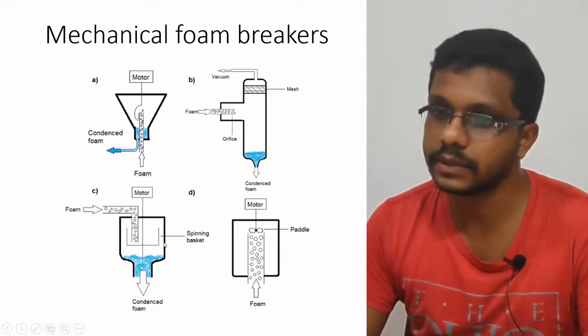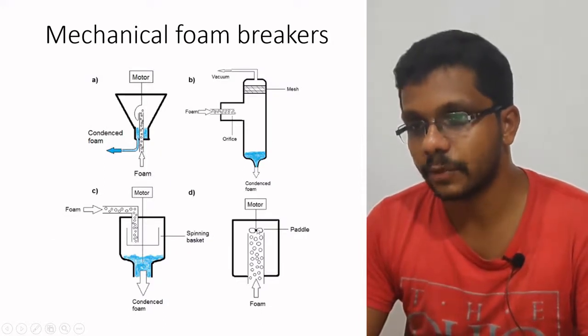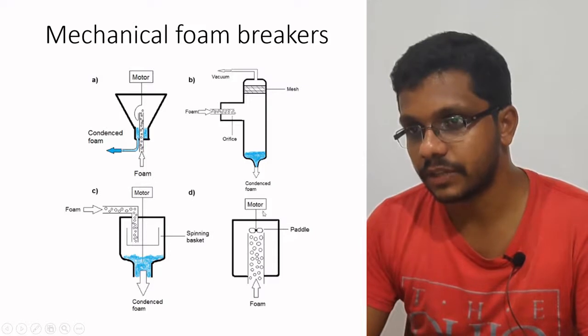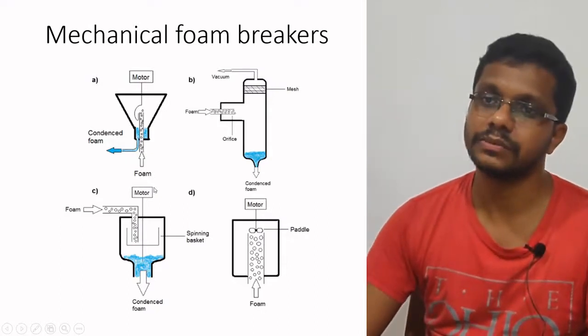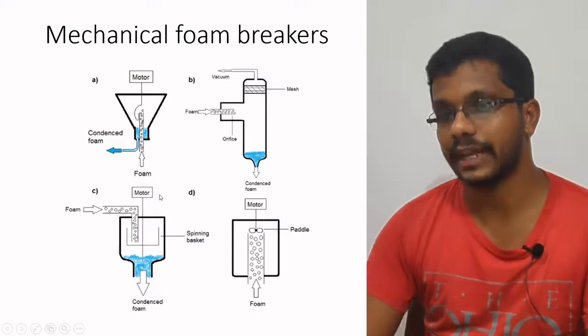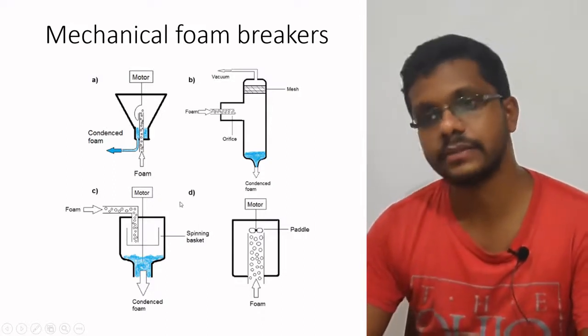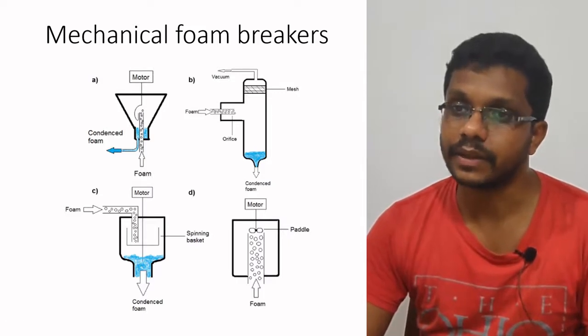We will put this back in the fermenter. Here we have a motor. The foam is coming through this big tube. At the end of the tube, we have a motor and a shaft. It will break the foam. So in the foam collector, we can use any of these setups to break the foam, get the media back, and this media will be placed again into the fermenter.